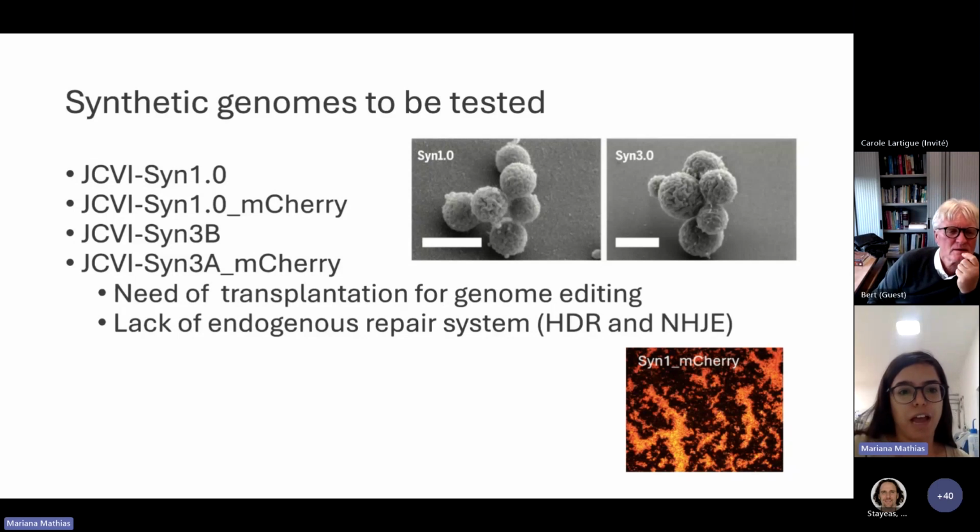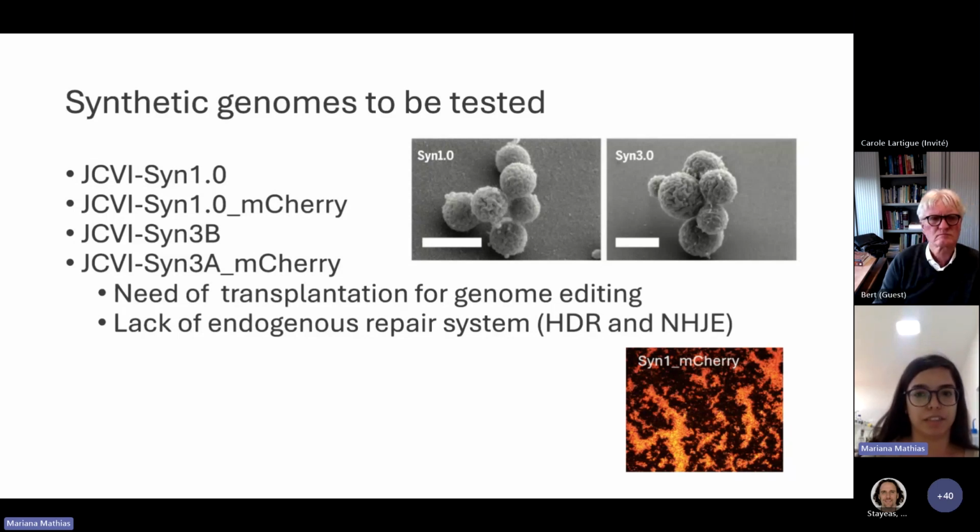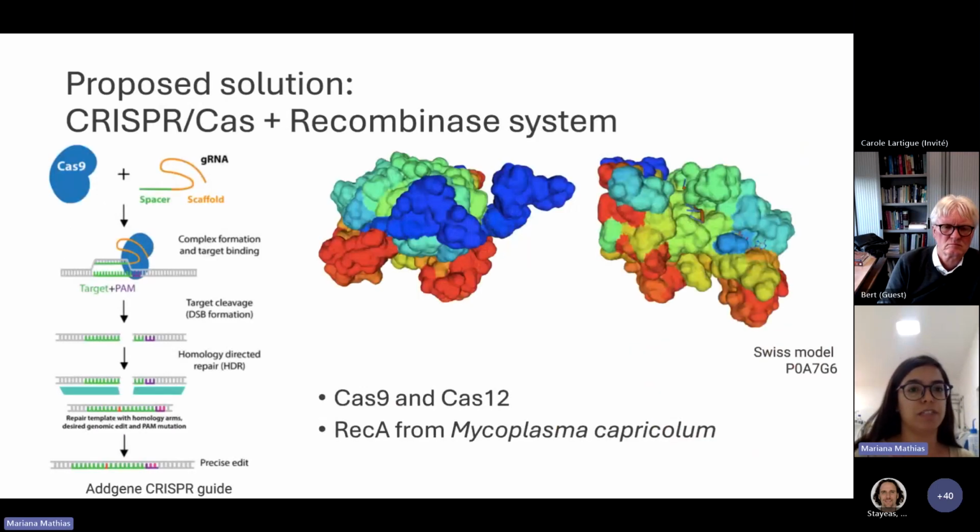And our cells, just as the previous cells, lack some endogenous repair systems, which are the homologous directed repair and the non-homologous end joining. So to overcome this, we propose a solution that is to combine CRISPR-Cas proteins with a recombinase system.